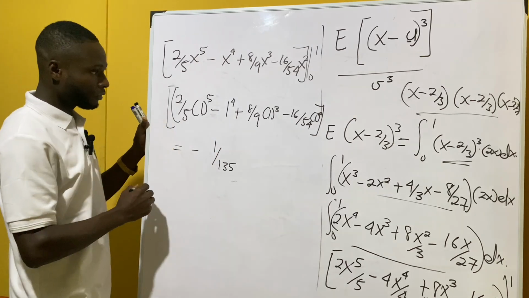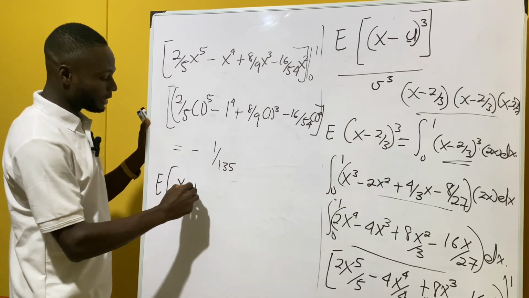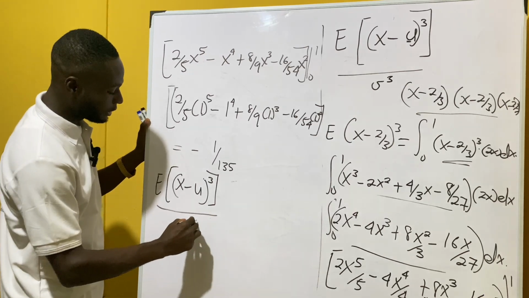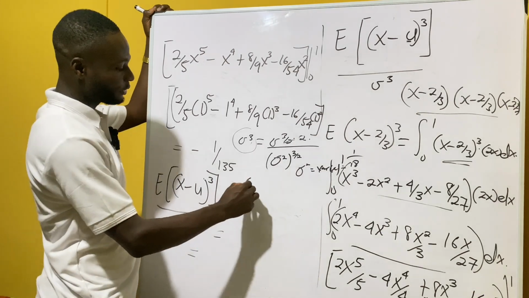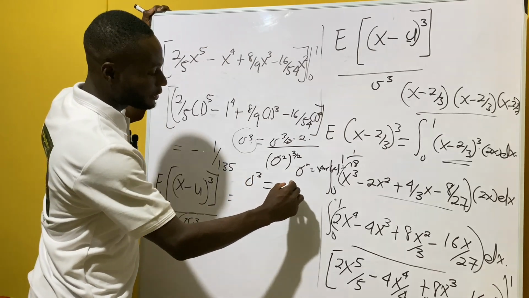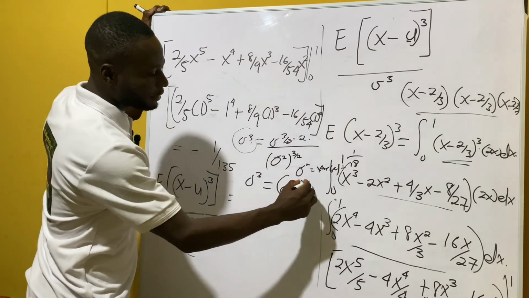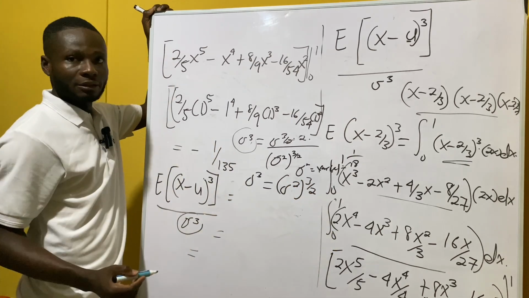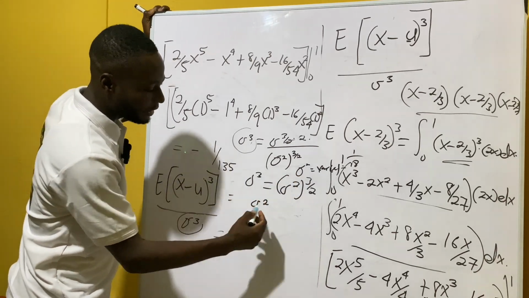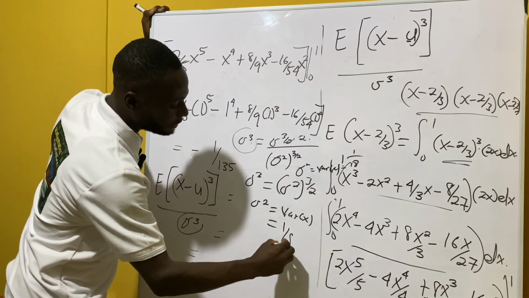So the skewness is the expectation of (x minus the mean) cubed over the variance of x to the power 3 over 2, and the variance of x is equal to 1 over 18.